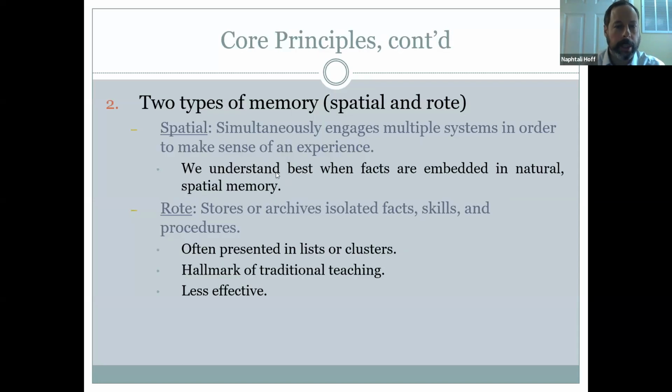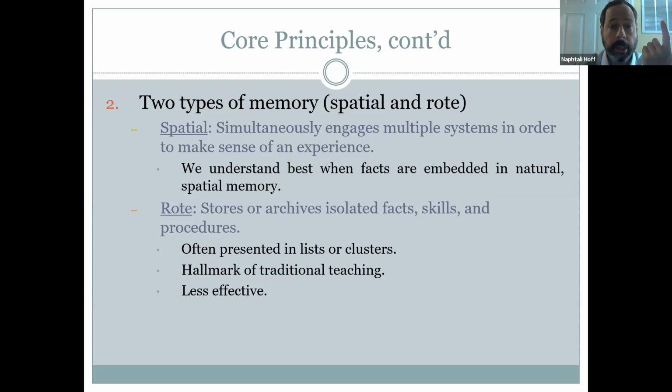So, sorry, let's go back for a moment. So spatial is where information is engaged in a more, what's the proper term, in a more complete sense. Multiple systems of our brain, or maybe even our body, because we know, I think we've talked about this before, that we take in information through all of our senses, right? So I hear information and I see it.